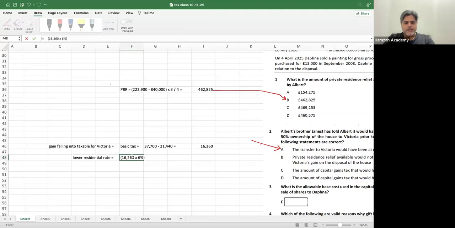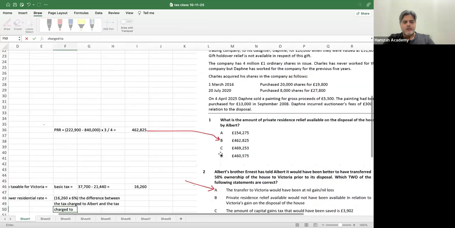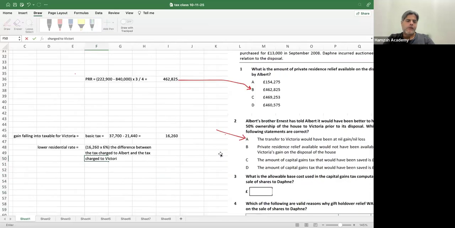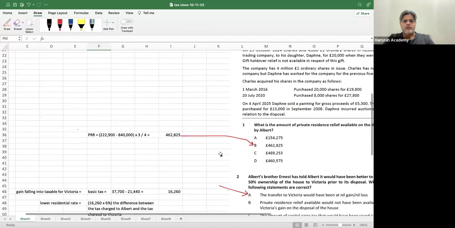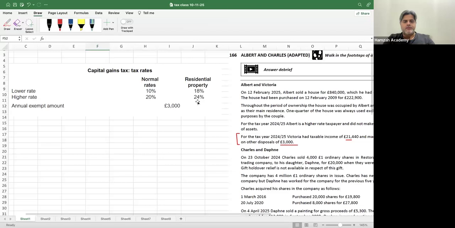And 6% is basically the difference between the tax charge to Albert and the tax charge to Victoria, right? Now, the tax charged to Albert, if I go because of the higher rate, is 24%.